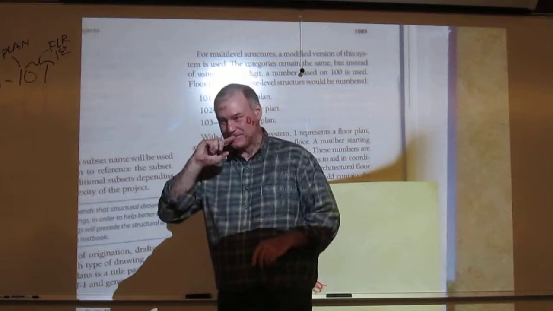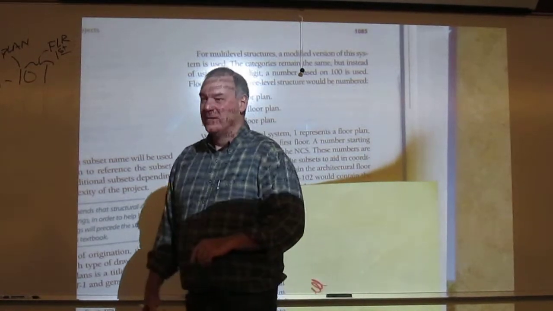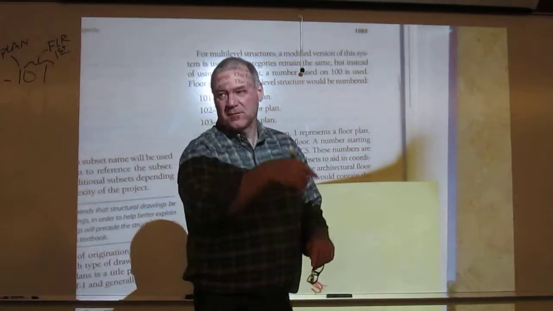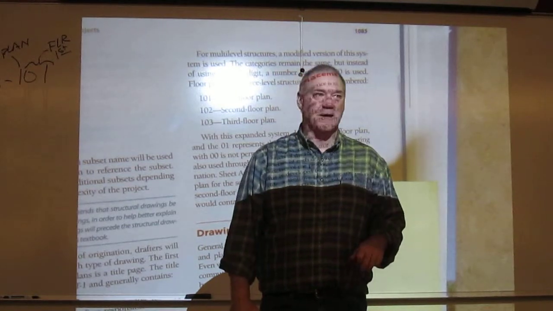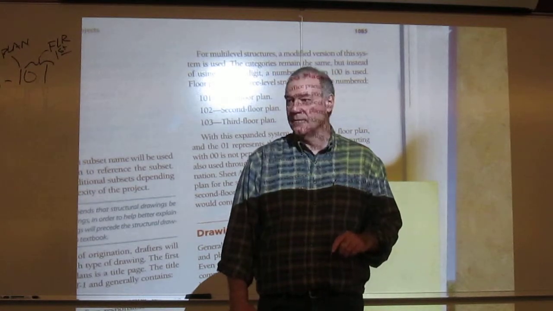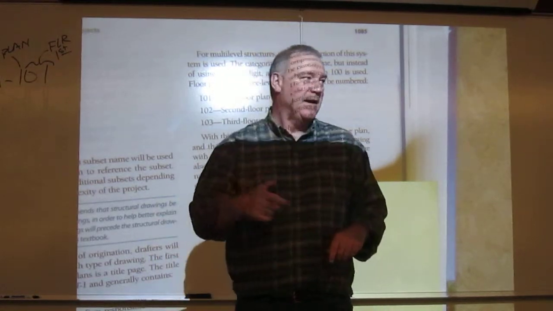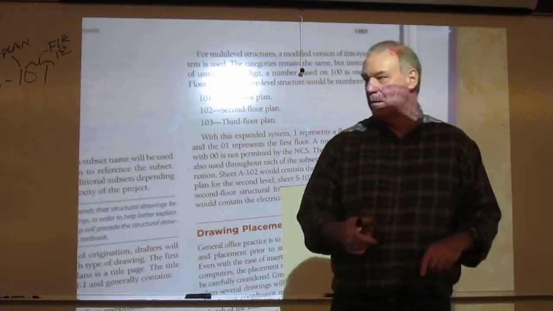So if it's A201, it means it's an architectural elevation, first sheet. And so it's probably the front elevation. So if you saw an A201, the A says architectural, the 2 says it's an elevation, and it's your first elevation sheet. Why does that say first floor?